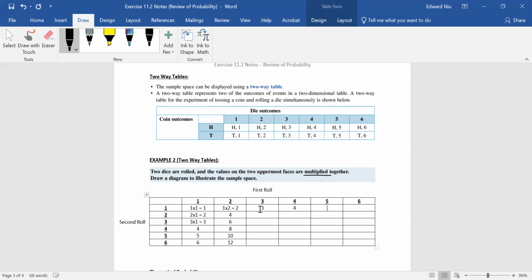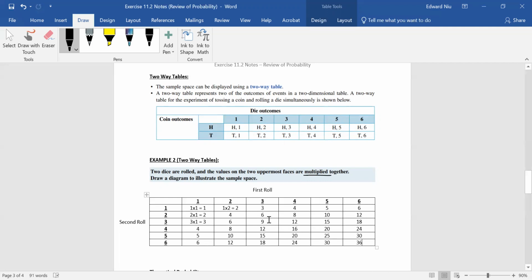So here we've got 3, 4, 5, 6. 6, 8, 10, 12. 9, 12, 15, 18. 12, 16, 20, 24. 15, 20, 25, 30. And 18, 24, 30, and 36.